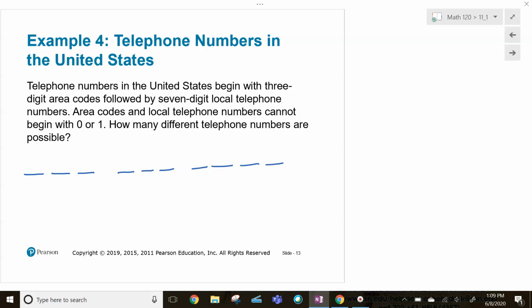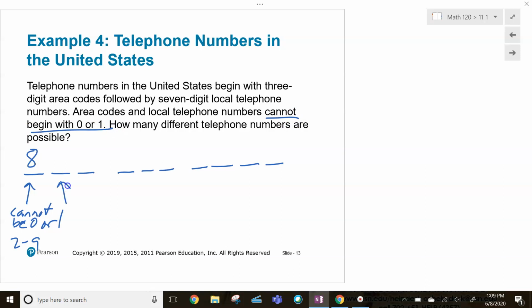Now the first number cannot be 0 or 1. So it could be 2 through 9, right? So how many options do you have for the first number? You have 8 options here, because again, it cannot start with 0 or 1.